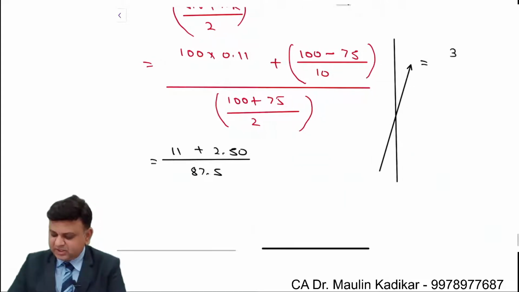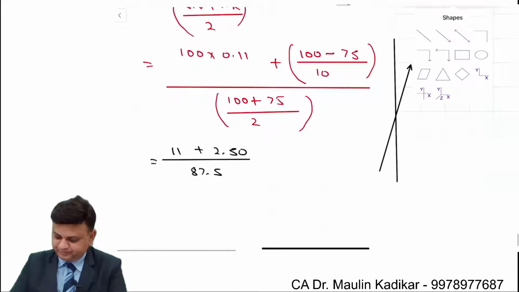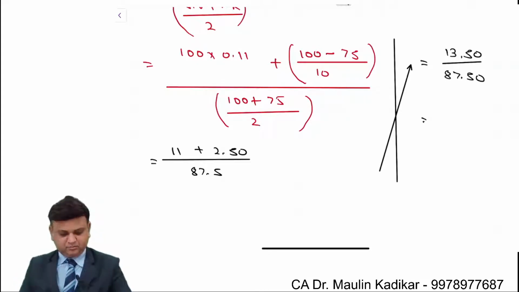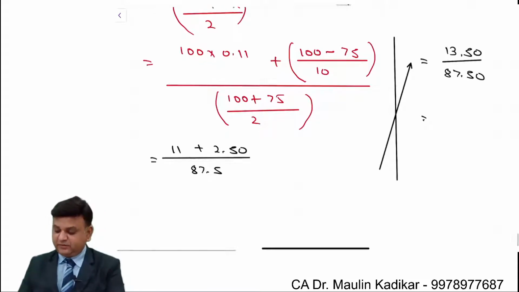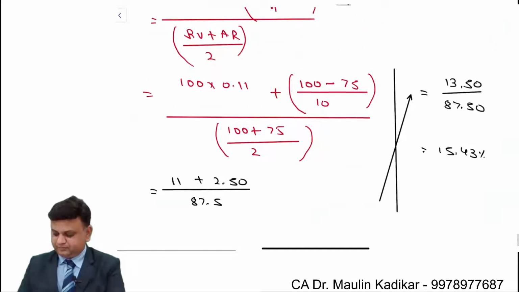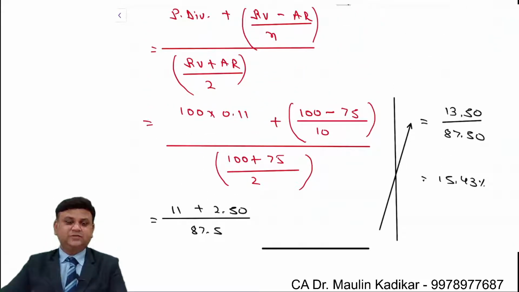So here the numerator is 13.5 divided by 87.5. That comes to 15.43%. That is the way the cost of preference capital is calculated. After this, calculate the cost of debt financing on your own.